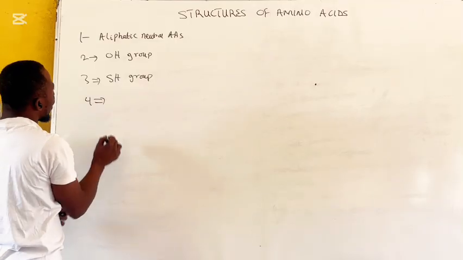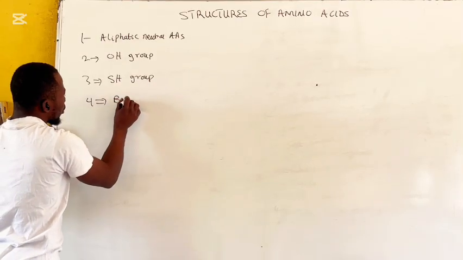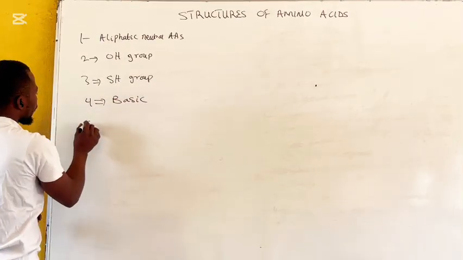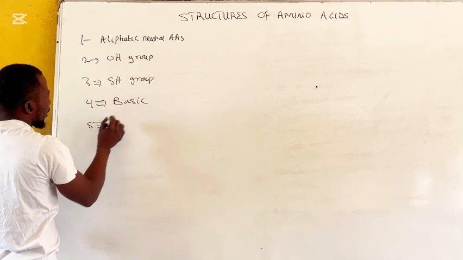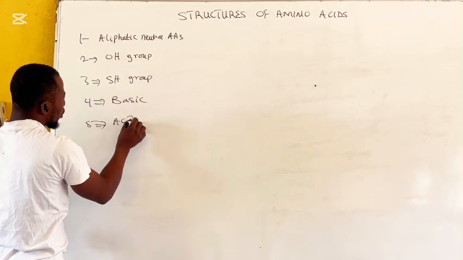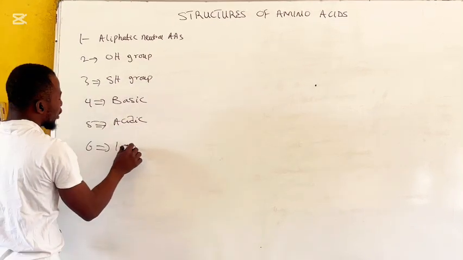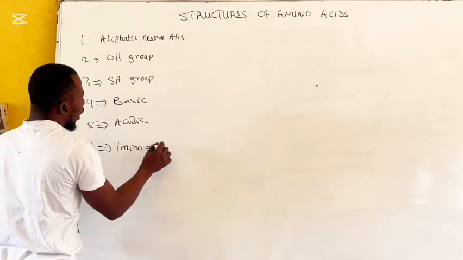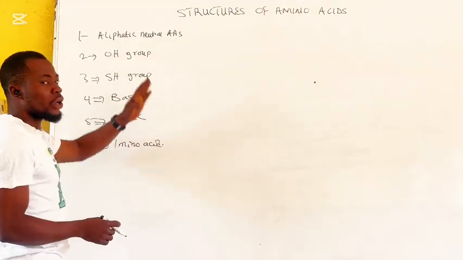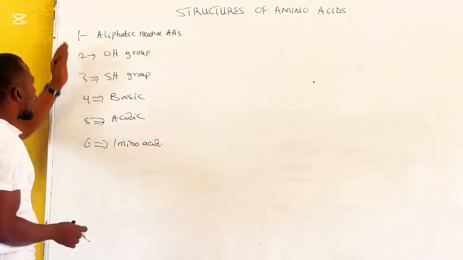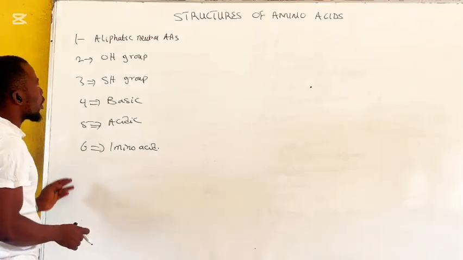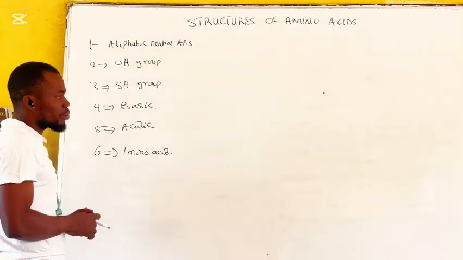Four, there are amino acids that are basic. Five, there are amino acids that are acidic. And six, there is the imino acid. For the sake of the structures of amino acids, if you can classify them based on these six categories, it will be very easy to draw them.